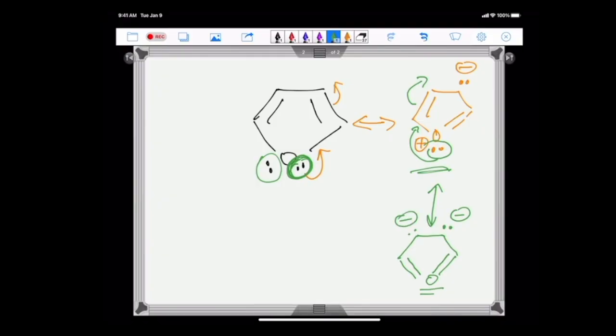What does that oxygen have to be for charge now, based on how I've drawn this? Plus 2, okay. So first off, does this look bad? Not great, right? Because we've separated charges. Would you consider this to be a major contributor, just based on our rules? Not so much, but there's actually one more piece to this. This is not a resonance structure.